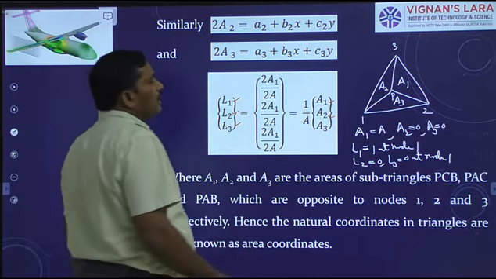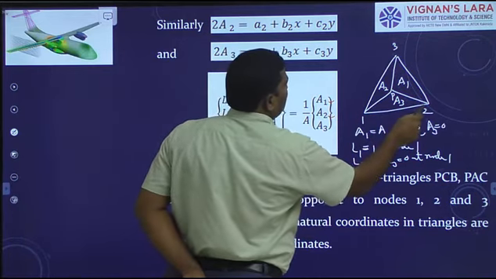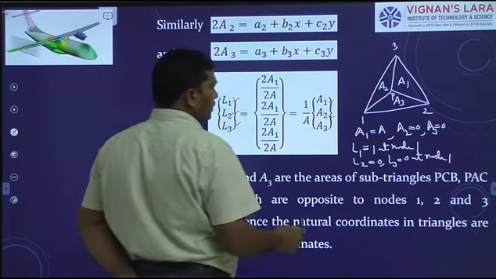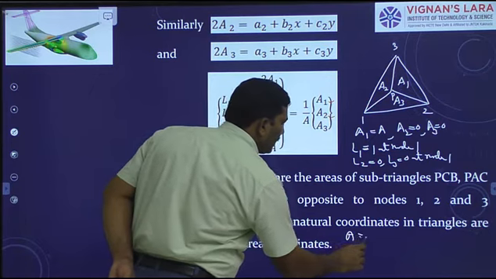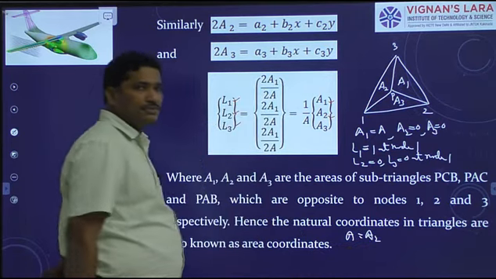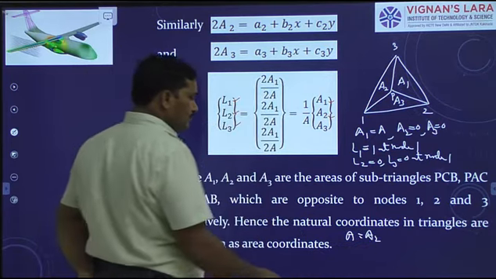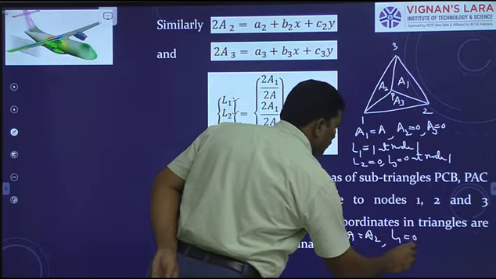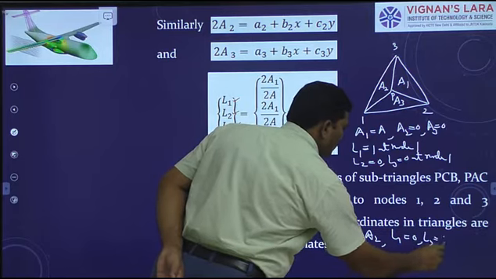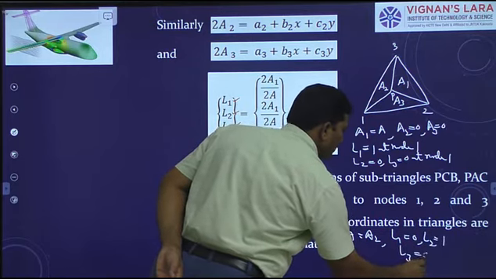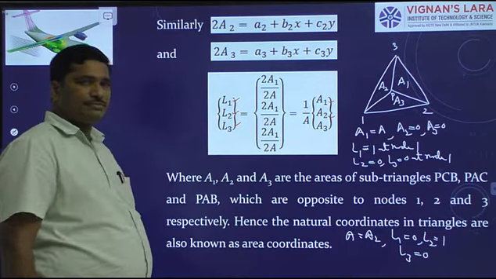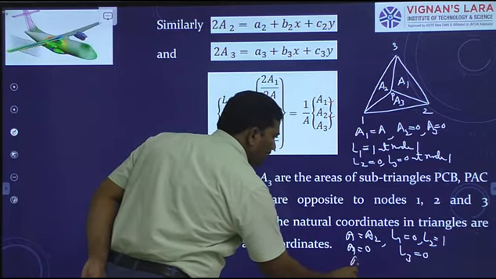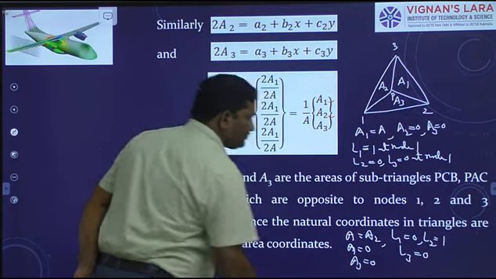Next, I assume that P coincides with node 2. Then what I get? A equals A2. When A equals A2, what do you get? L1 equals 0, L2 equals 1 and L3 equals 0, because A1 equals 0 and A3 equals 0.